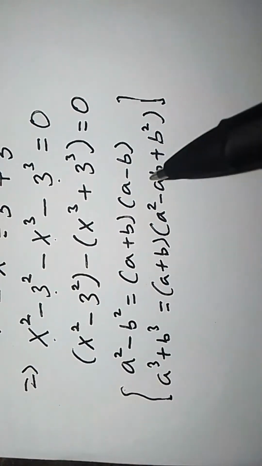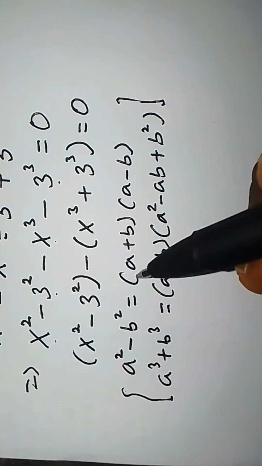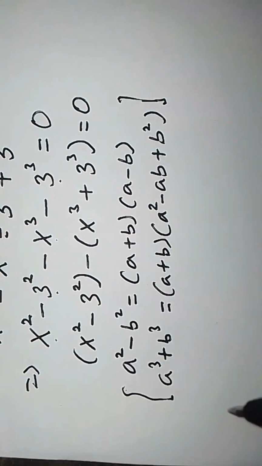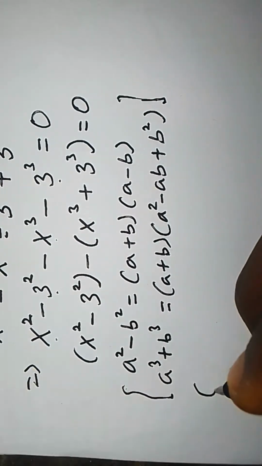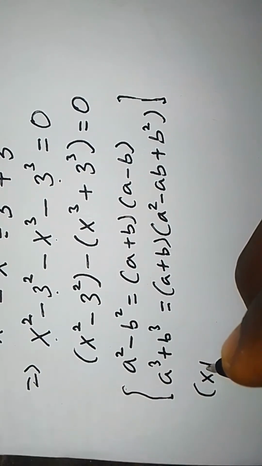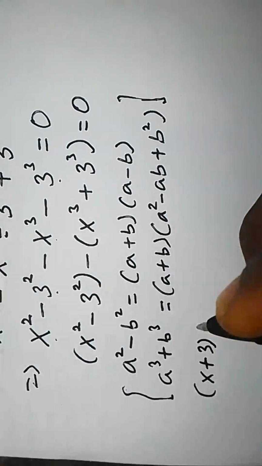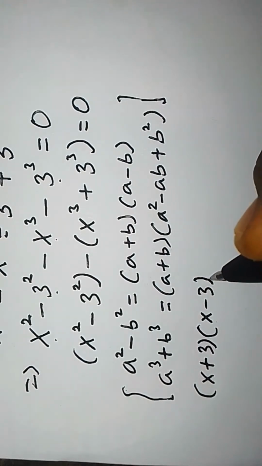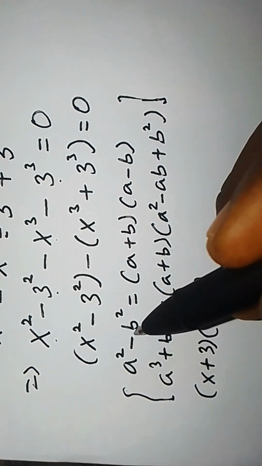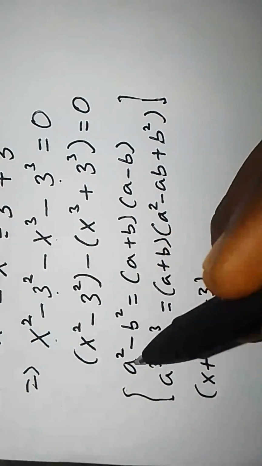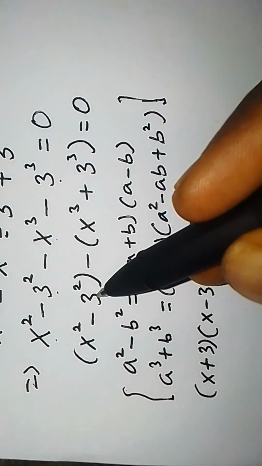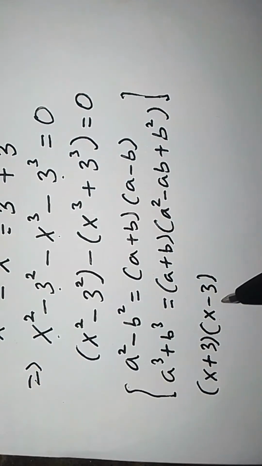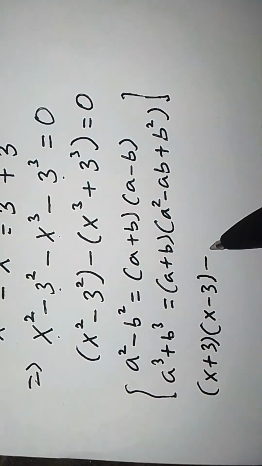Now, applying this first identity to this, we simply have x plus 3 times x minus 3. If you compare this left hand side with this, x is equal to a, b is equal to 3. So just plugging it into the right hand side, we have all of this minus.